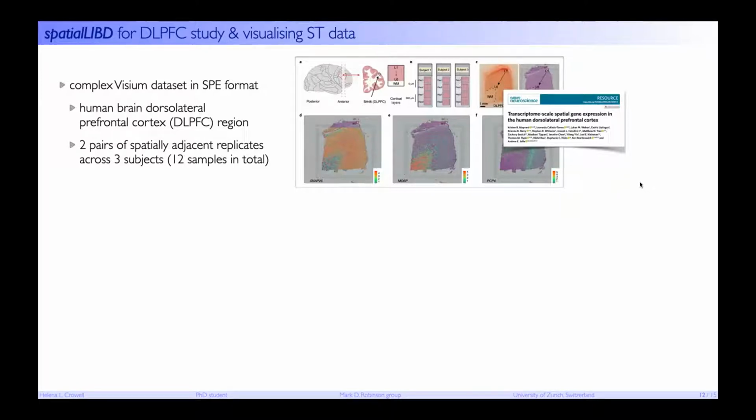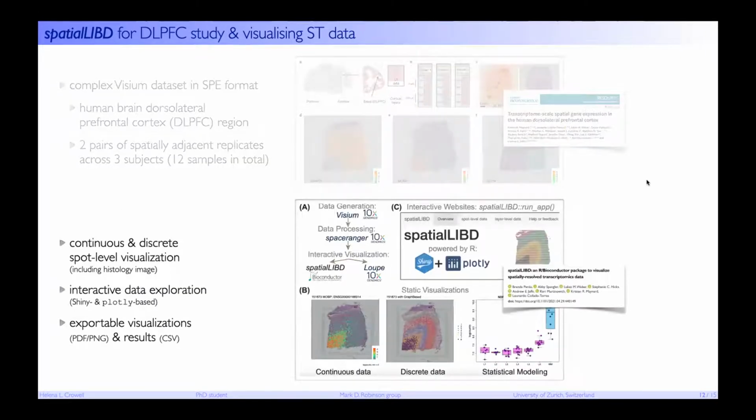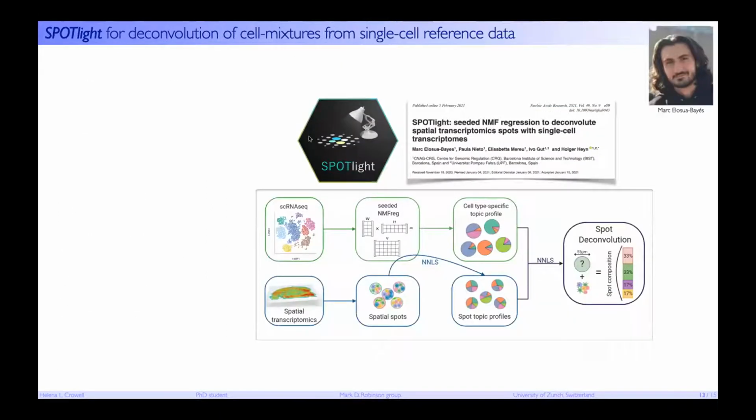They also provide a more general Shiny tool for visualization that is also based on Plotly, so it's interactive and allows for exporting visualizations and results. And lastly, many, or I hope some, have heard of SPOTlight, which is a method that came out last year for deconvoluting spots using a single cell reference.